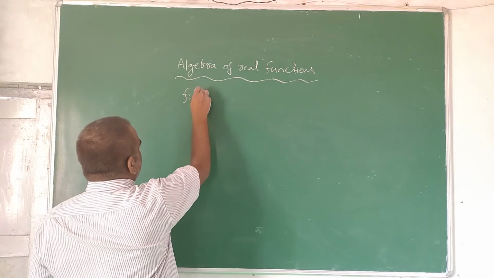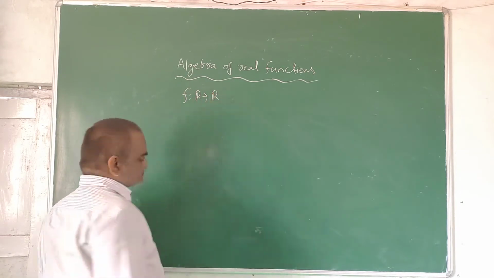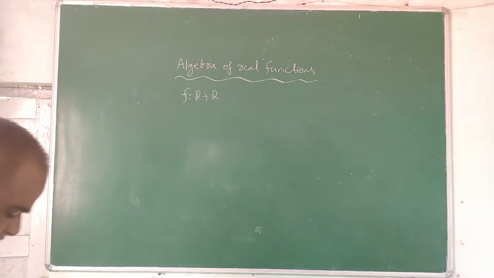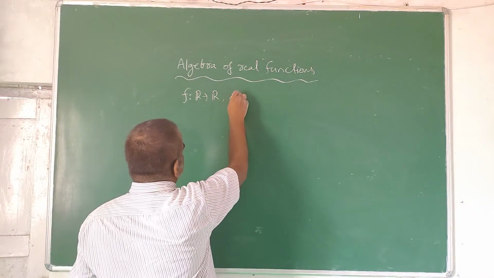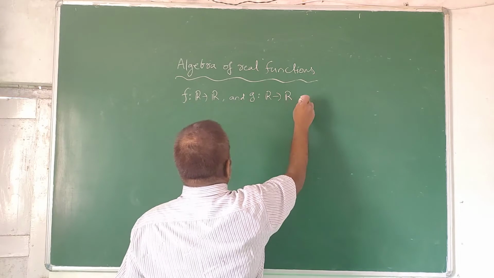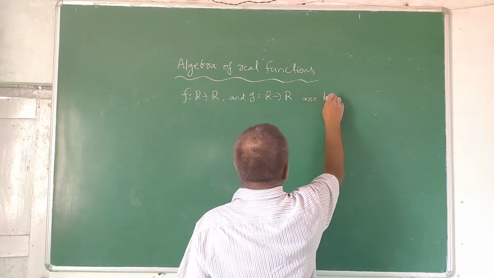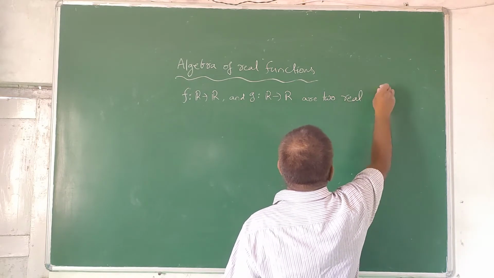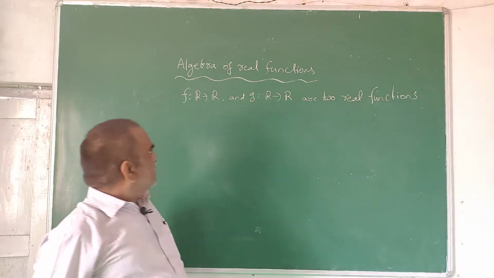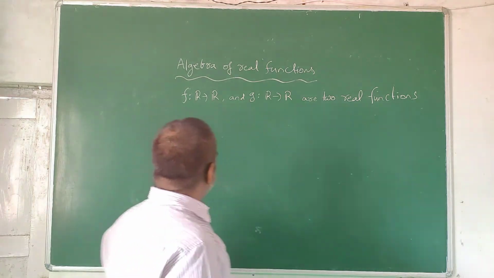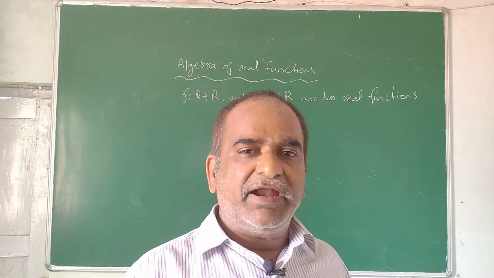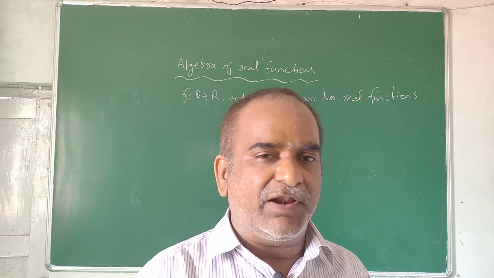If f from R to R and g from R to R are two real functions, then the following properties which we are writing are taken as true without any proof.